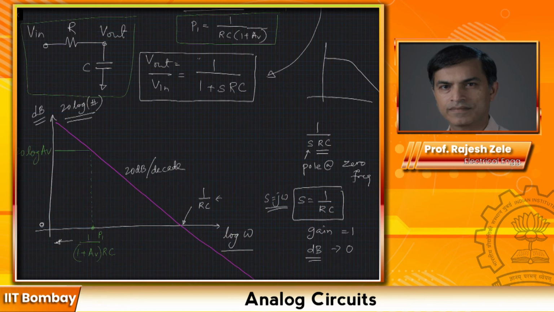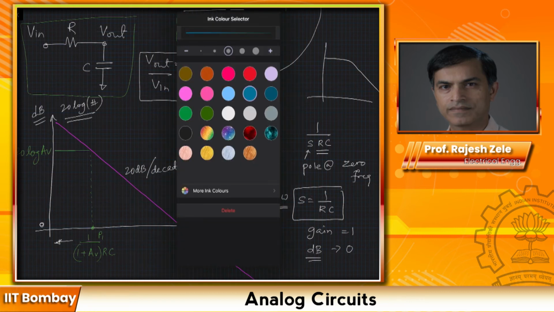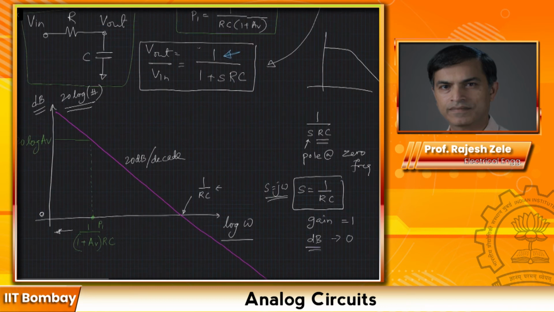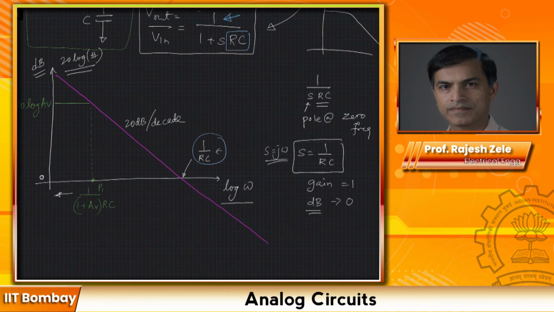Let me use maybe a blue color here, and you would immediately see that the DC gain here is 1, 0 dB. However, the location of the pole is 1 over RC. So the location of the pole is the same as earlier, and you can easily plot the curve then. It looks something like this. I'm drawing them separately just so that you can identify all three of them. So the green part would look like this.